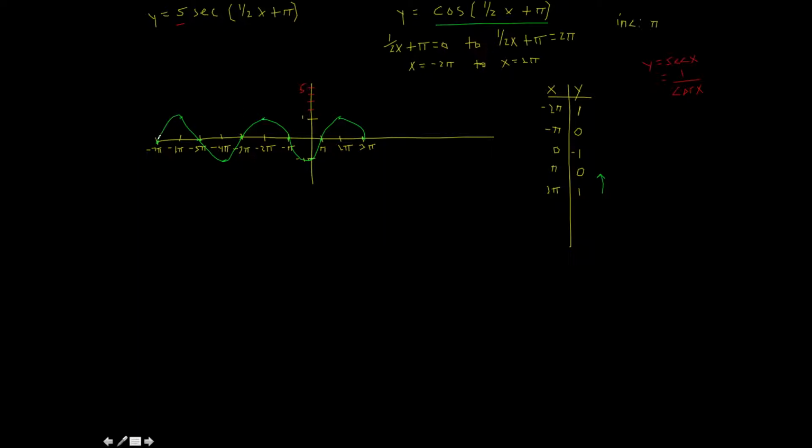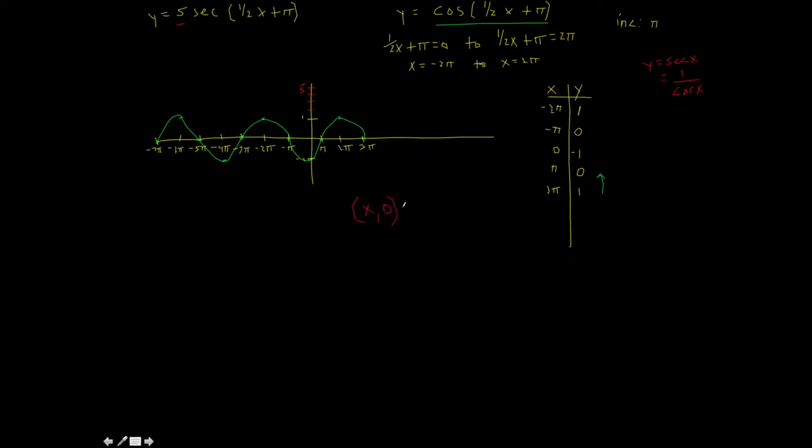Okay, so here's what we have to think of. Any x-intercept is the point x, whatever x is, and 0 is the y coordinate. So if you're thinking in terms of secant, secant is the inverse of cosine. So if y equals 0 here for cosine, when you do the reciprocal of 0, what do you get?